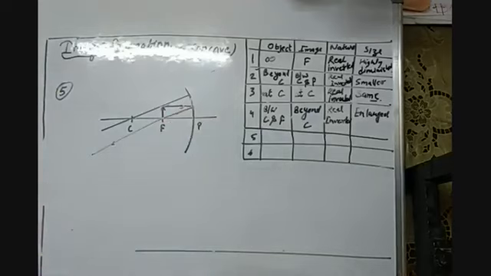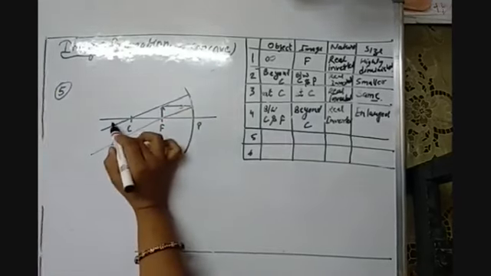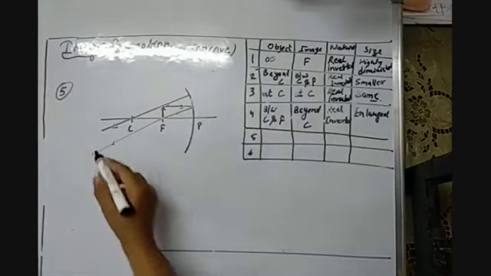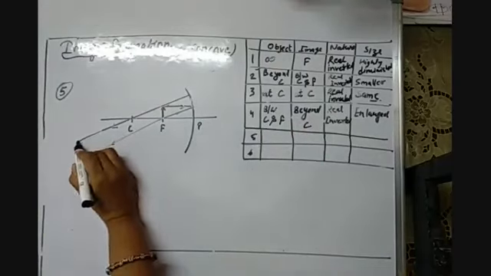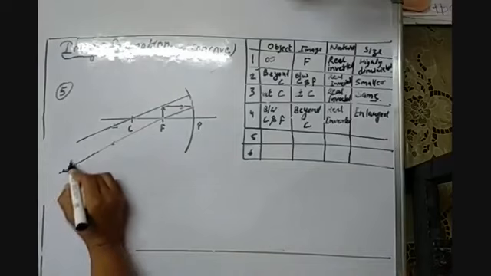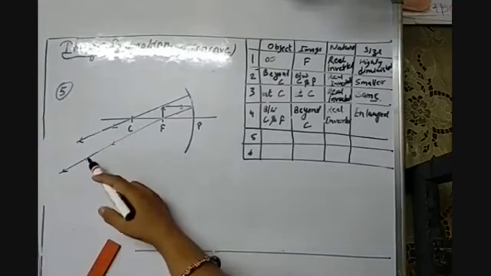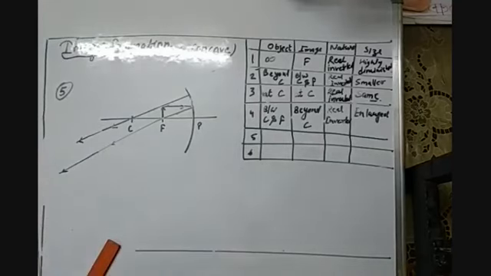So you can see that the light ray will retrace its path and pass through the center of curvature, and these two lines, when we extend them in this direction, are parallel to each other. That means they are not going to meet at a limited distance. So we'll suppose that the reflected light rays will meet at infinite distance.